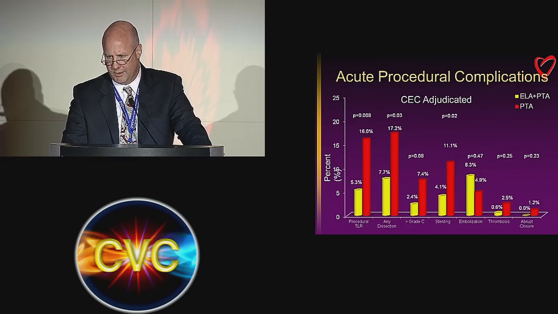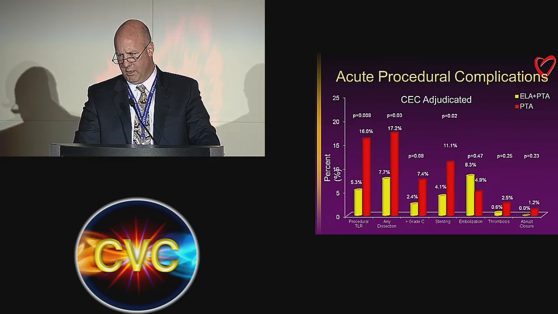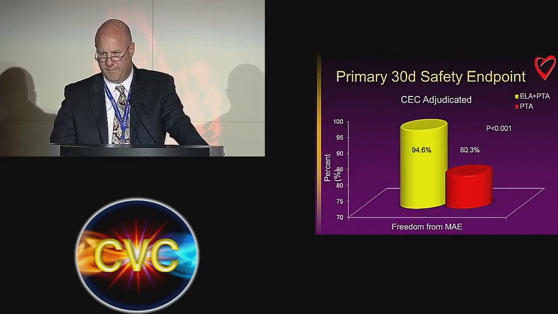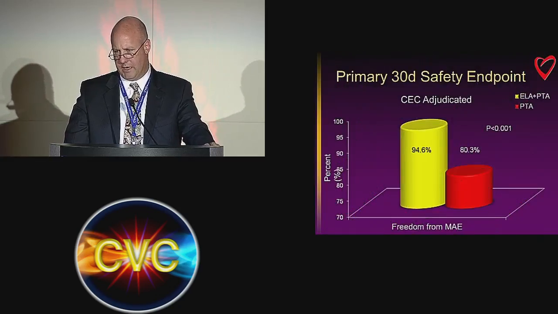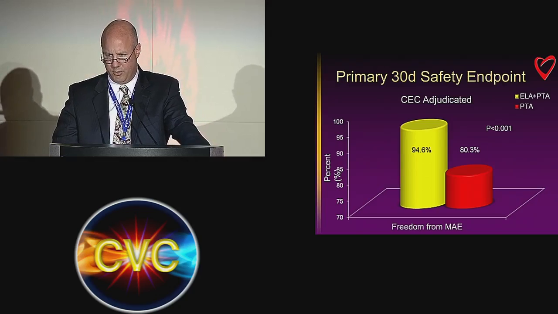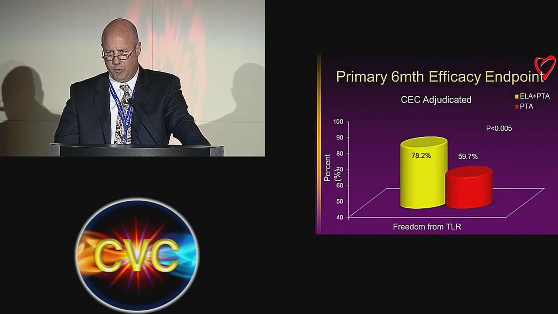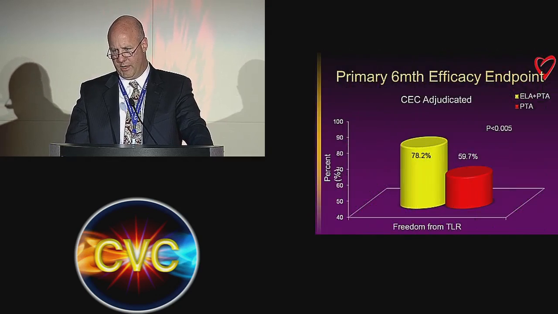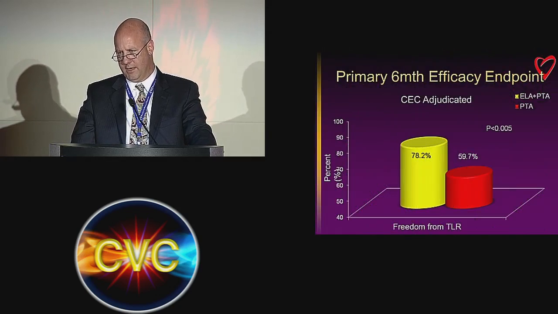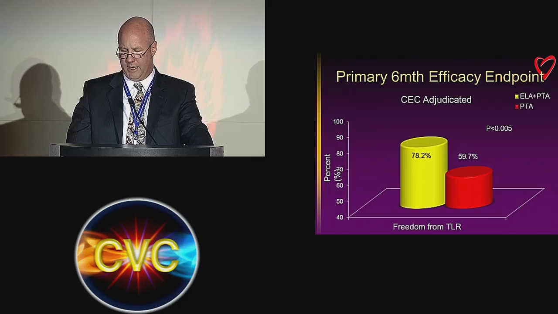There was no statistical difference in embolization, acute thrombosis, or abrupt closure. The 30-day safety endpoint, which was freedom from major adverse events, again favored the laser group statistically over the plain balloon angioplasty group. The primary 6-month efficacy endpoint, again freedom from TLR, favored the laser group over the plain angioplasty group.